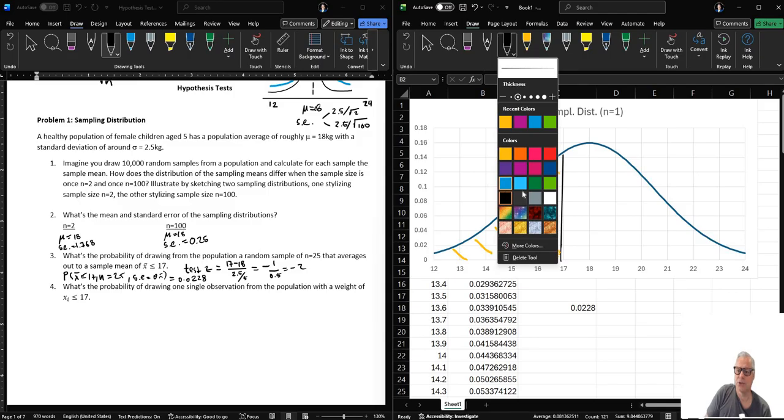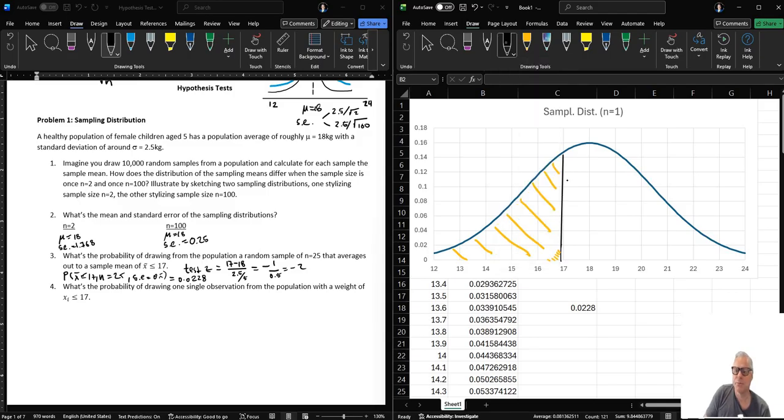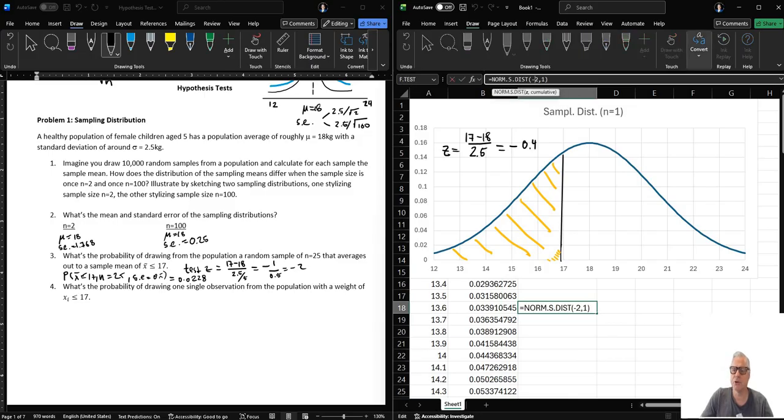So now our z-score that we are interested in is simply 17 minus 18 over our standard deviation in the population of 2.5. So that is -1 over 2.5. So that is everything to the left of -0.4. Okay, so now what we need to change in the formula is the -2 to the -0.4.